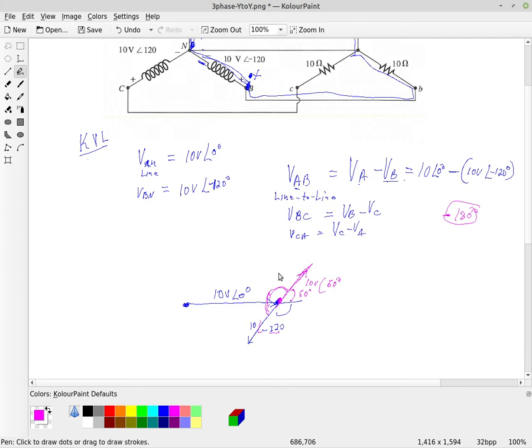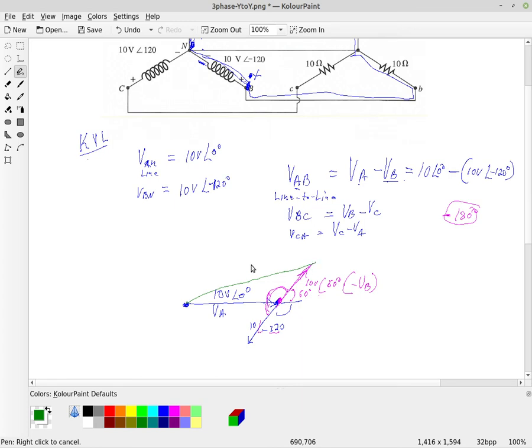Now if we are measuring, remember this was VA, and this one over here is minus VB. I did not draw this to scale, but VAB is now going this way.